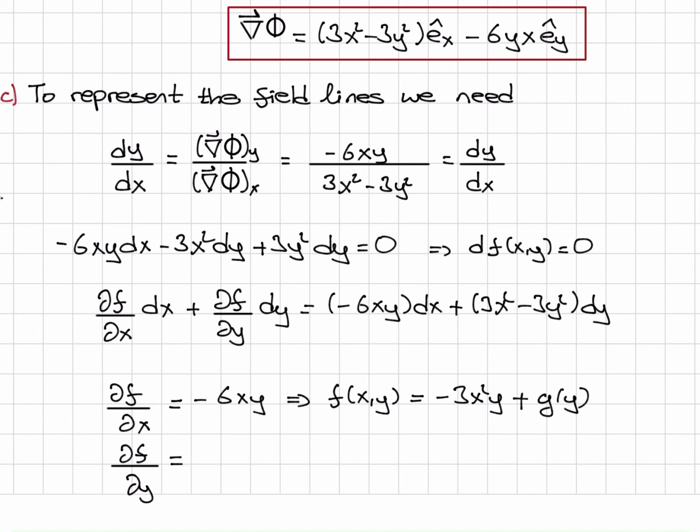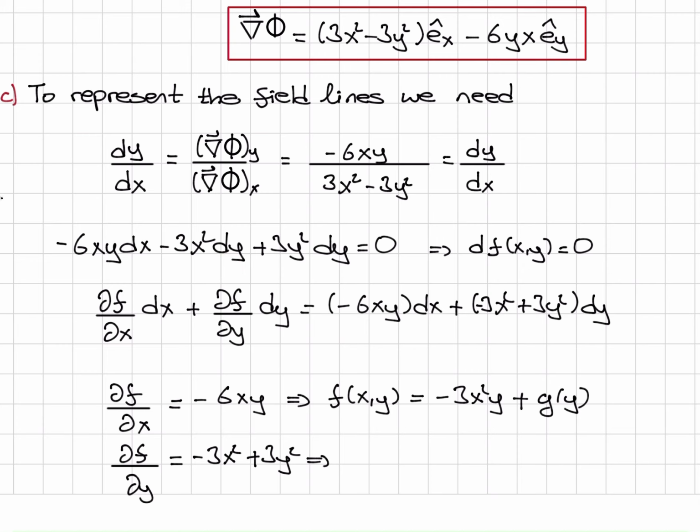So there's a minus sign here, plus sign here. So taking it down here, we have, therefore, del f del y is equal to minus 3x squared plus 3y squared. All right, so that's that term, and this one is this term.